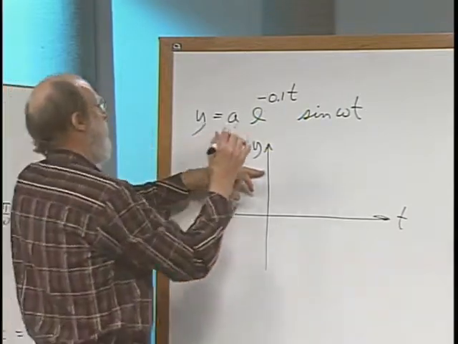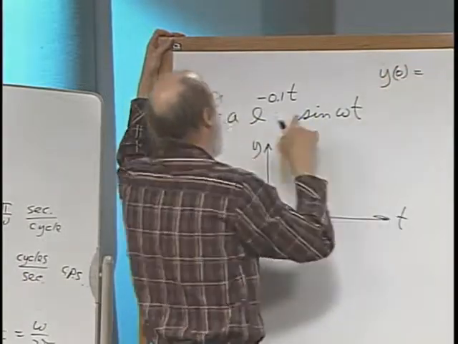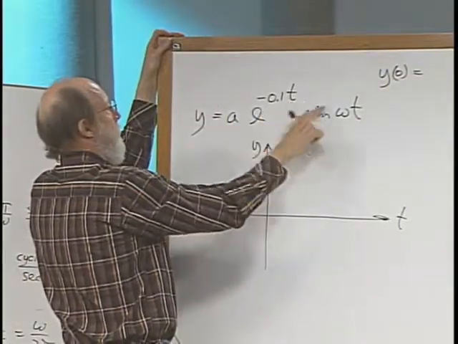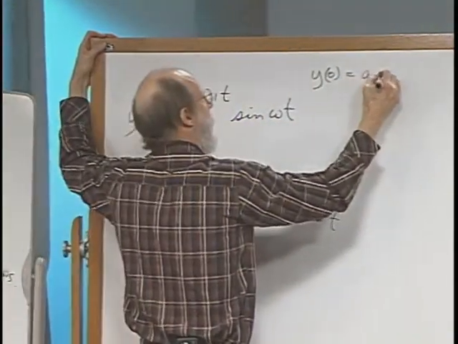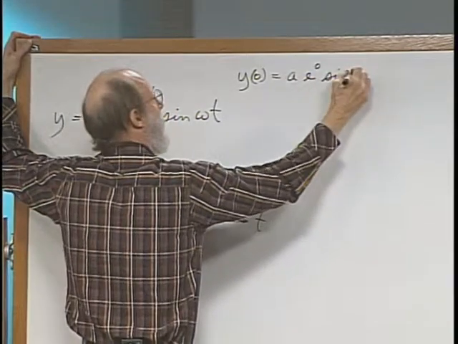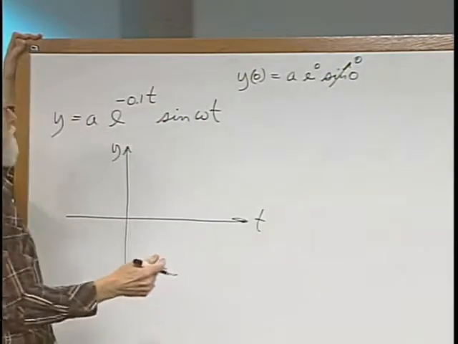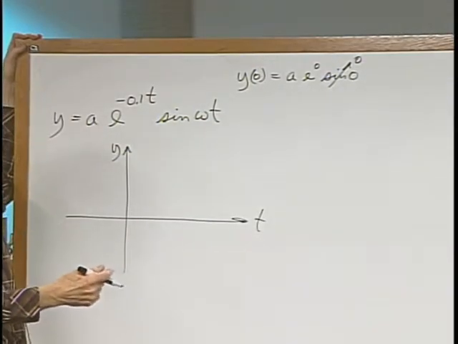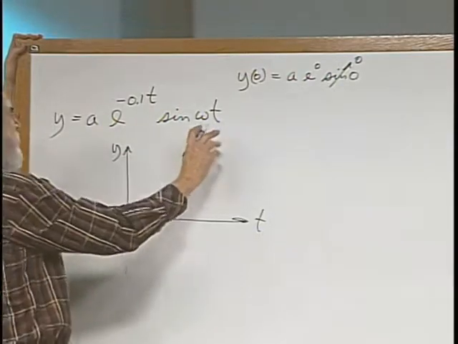At time 0, look at what happens here. We drop in time 0, and we have a times e to the 0, times the sine of 0, and that happens to equal 0. Now, what if we wanted to be up on a crest?